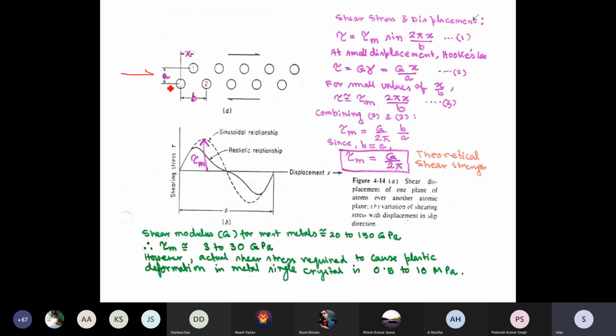Another 1-1-1 plane. You see the distance of separation between two 1-1-1 planes is a. And the distance of separation between the atoms along the 1-1-0 direction is b. And what is x? If I move the first card over the second card a little bit, that movement is an amount x.